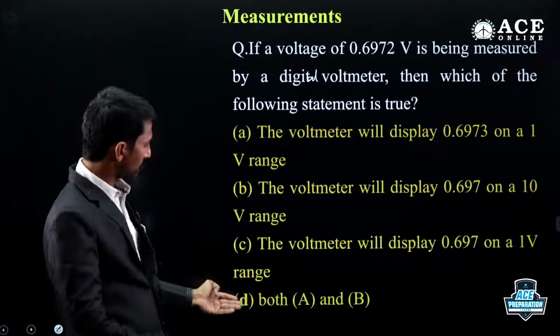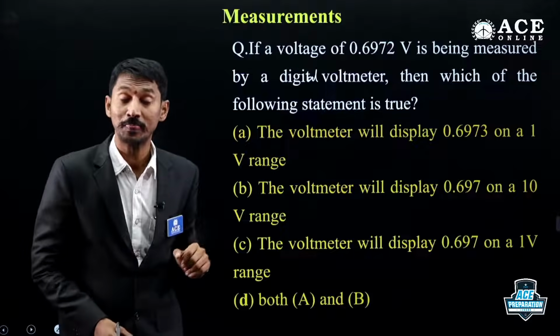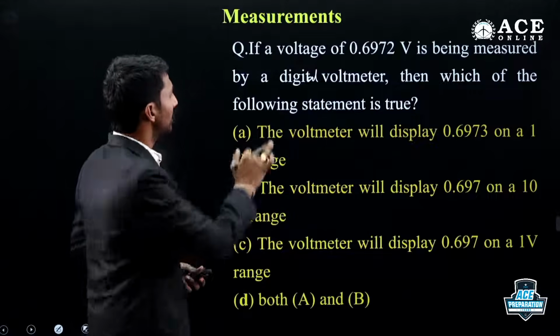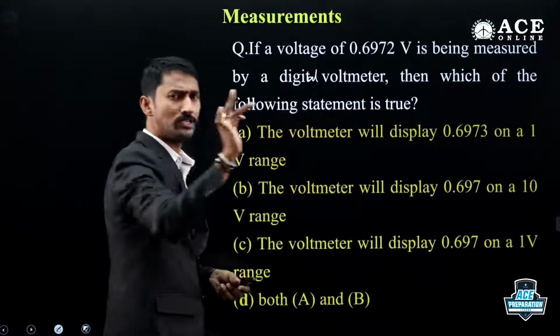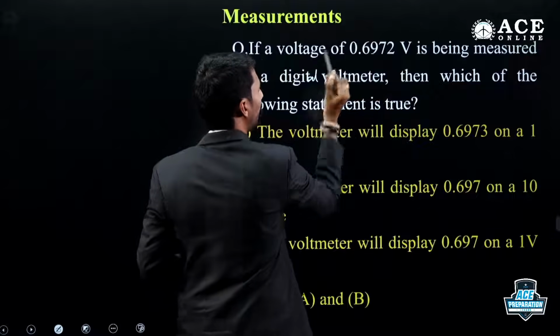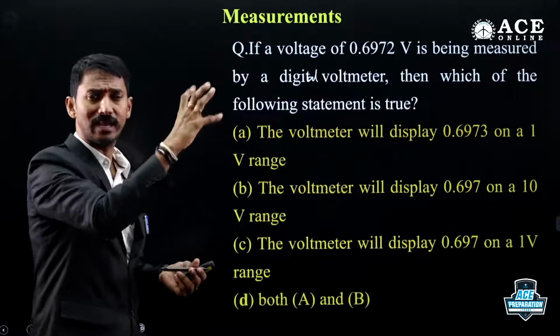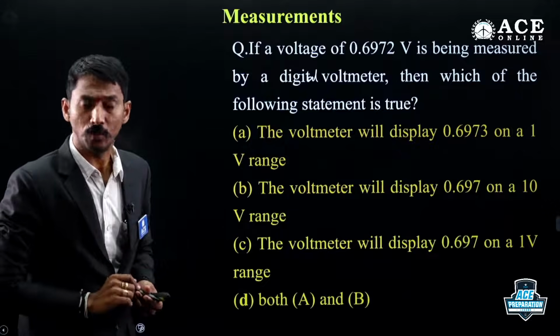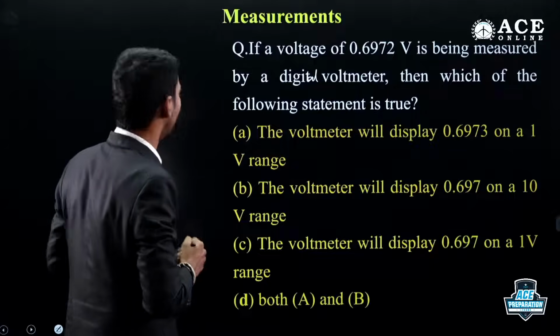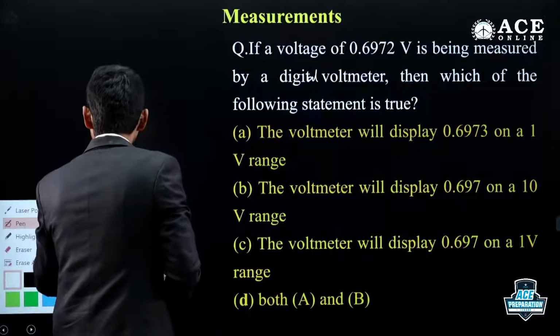But in order to answer this, there is a direct method, a simple technique. Sir, he is using a digital voltmeter, but what is this? 1, 2, 3, 4, 5 digits are available in the corresponding circuit. Now, sir, what is the 1 volt display and correspondingly the 10 volt display?